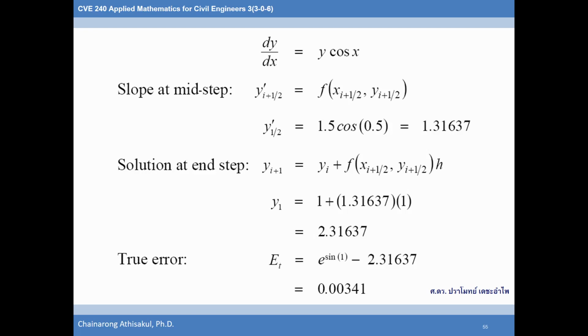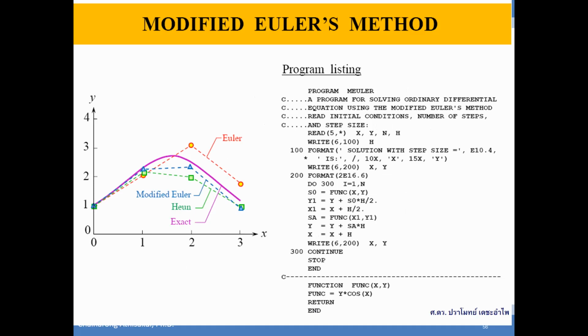If we compare Euler, Heun's and modified Euler with the exact solution, we will see that for Heun's and modified Euler, or the midpoint method, the error is better than the Euler, but it's still not good enough.